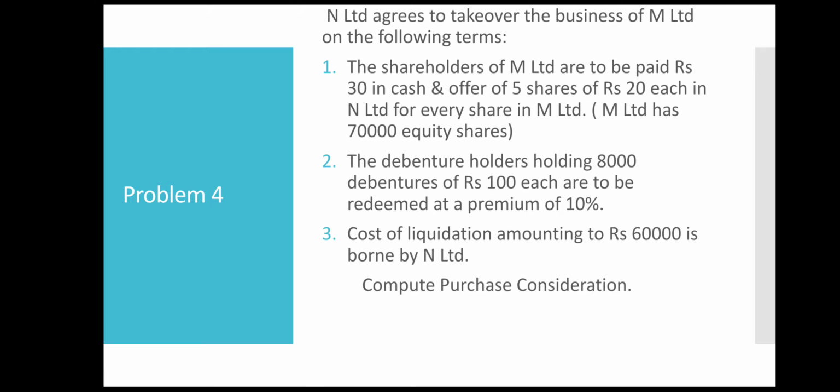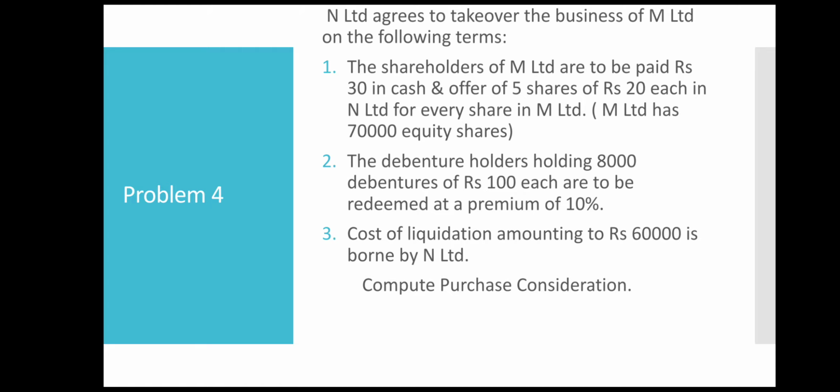The shareholders of M Limited are to be paid rupees 30 in cash. So this we are going to consider while calculating purchase consideration because it is a payment that is made to the shareholders. So this is our first point.